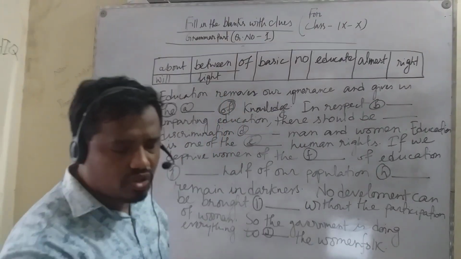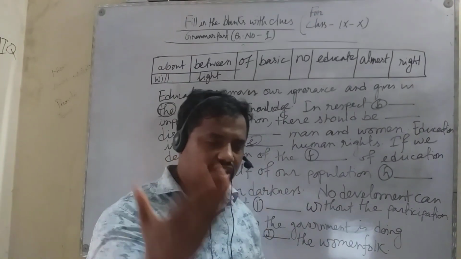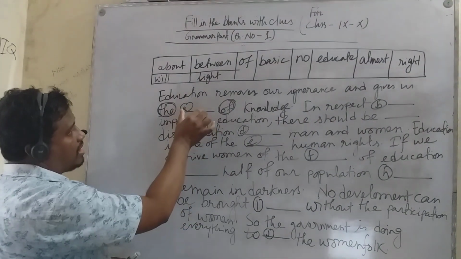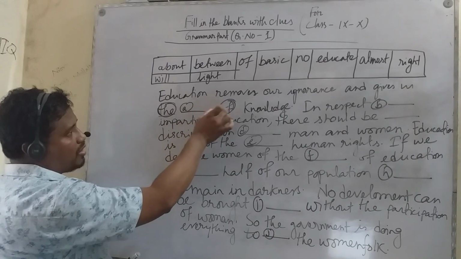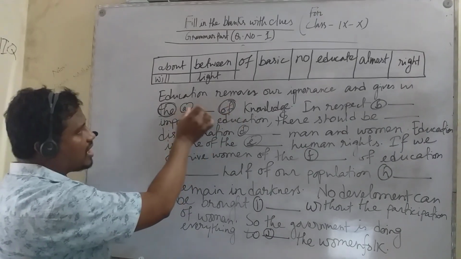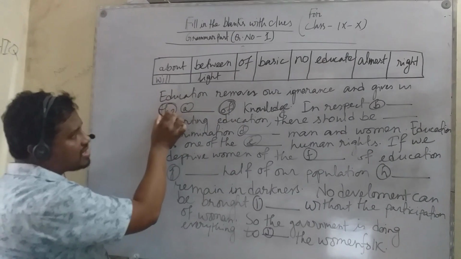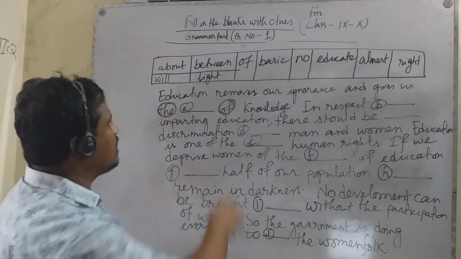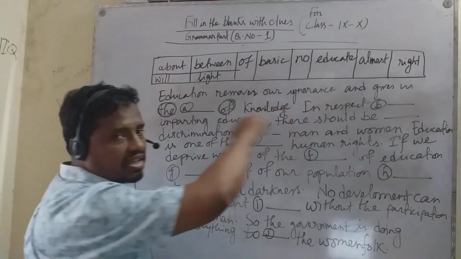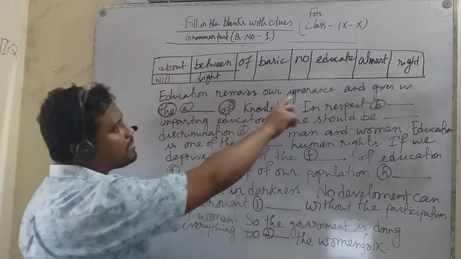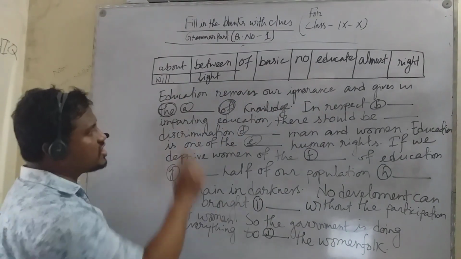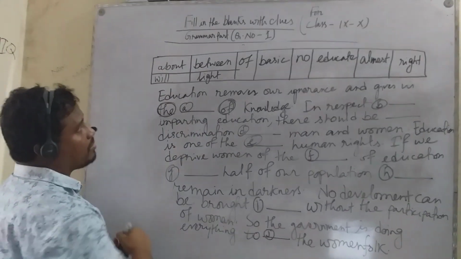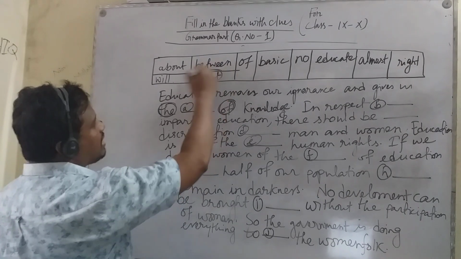As I discussed in my first lecture, if there is a gap followed by a preposition, and before it there is an article, you have to use a noun here. Which noun? Try to understand the meaning: Education removes our ignorance and gives us the dash of knowledge. It gives us the light of knowledge. Light is a noun here.